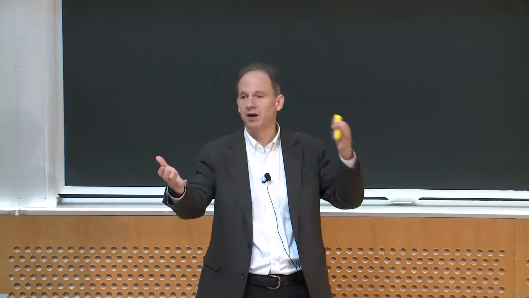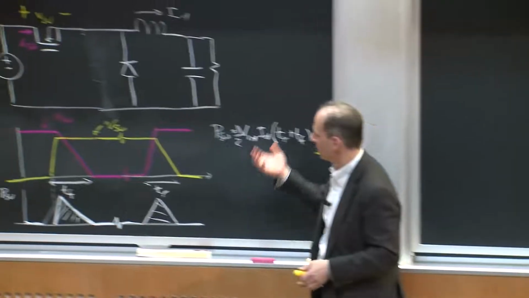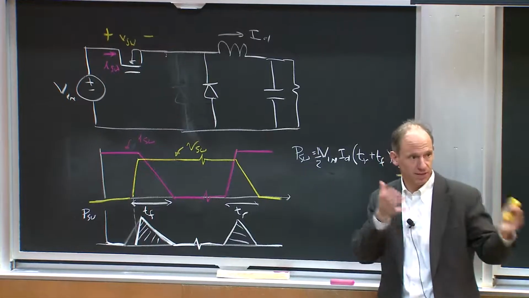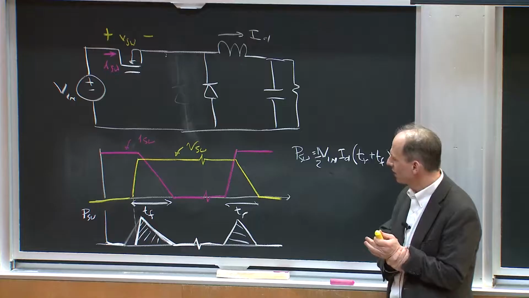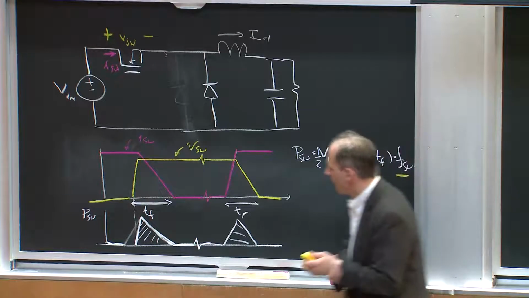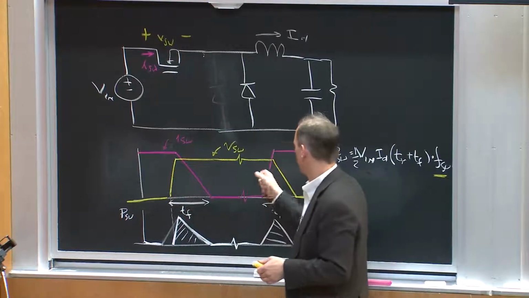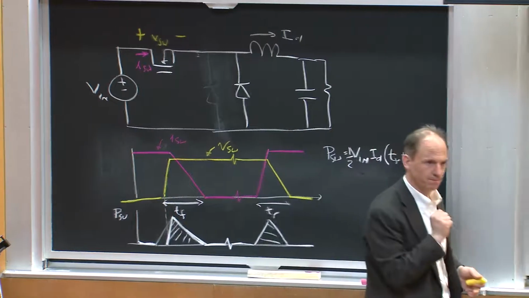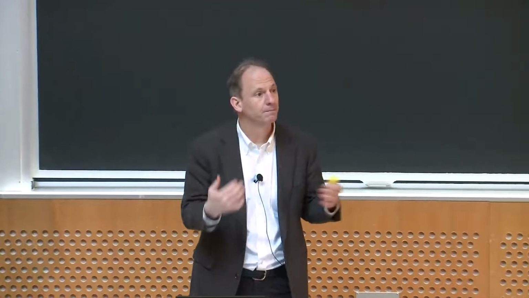You figure out some balance between the size of the device you're going to use, its R on, how fast you can switch it, and get some total loss. We also did, however, talk about how I might slow up these transitions. Okay, we said sometimes those transitions can cause a lot of EMI, right?